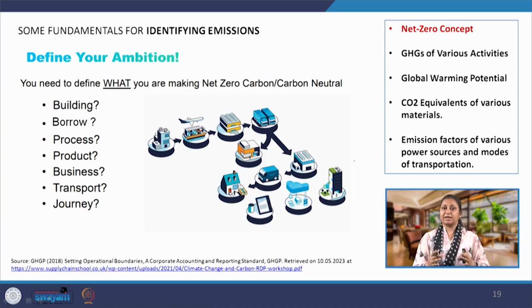So, we can also identify smaller boundaries within the operational or organizational boundary. So, if a parent company owns some 50 odd different subsidiary companies, we can define that in the first go we are making this particular company X a net zero company, and then go ahead with that.